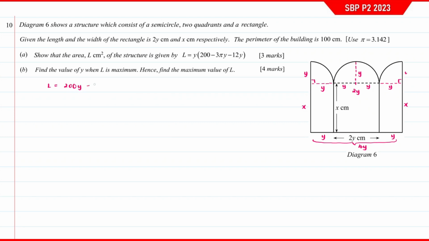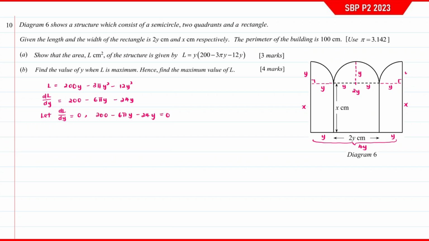So 200y minus 3 pi y squared minus 12y squared. So when we differentiate, dL/dy, we're going to get 200 minus 6 pi y minus 24y. Then we're going to let dL/dy equal to 0.